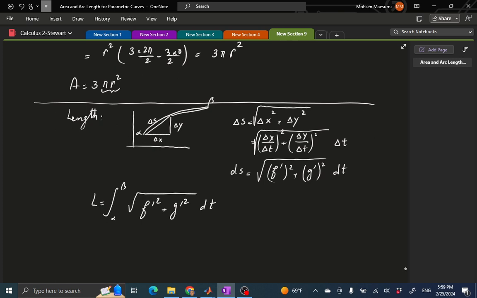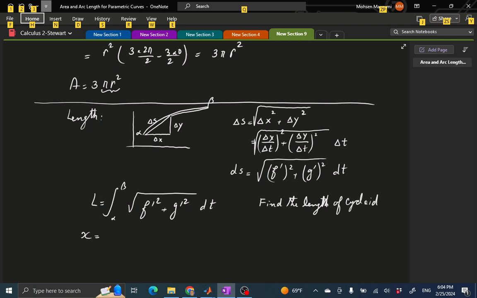Now let's go ahead and do an example. Let's take the same example as before. We had a cycloid, so here's a question: find the arc length of the cycloid.